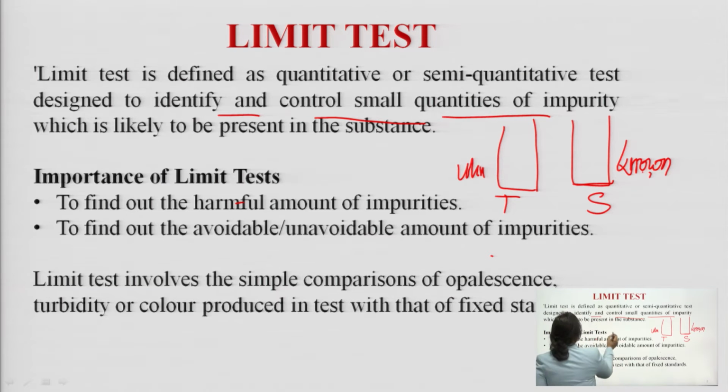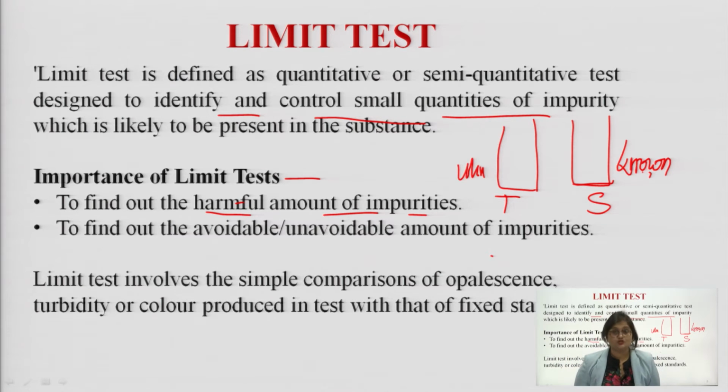Limit test is used to find out harmful amounts of impurities, that is, the quantity of impurity which is over the standard permissible limit. It is also used to find out the avoidable or unavoidable amount of impurities.